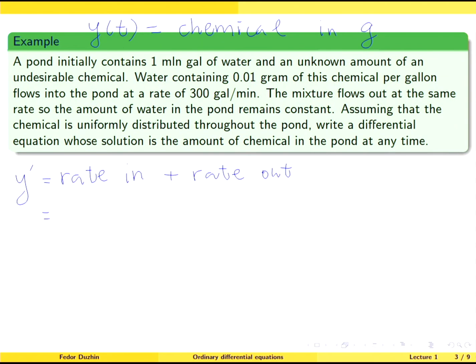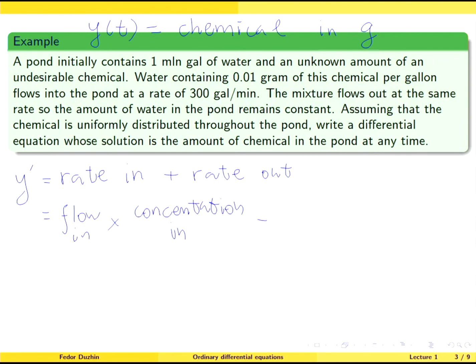So how do we compute the rate in, the inflow of this chemical? What we should take is the flow in times the concentration of our chemical in the inflow. Well, the rate out should be taken with a negative sign, so I will write negative here.